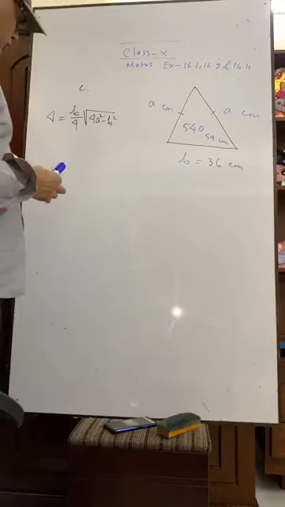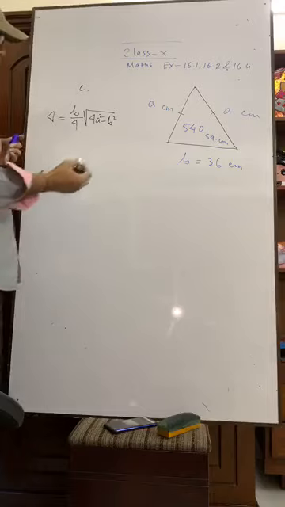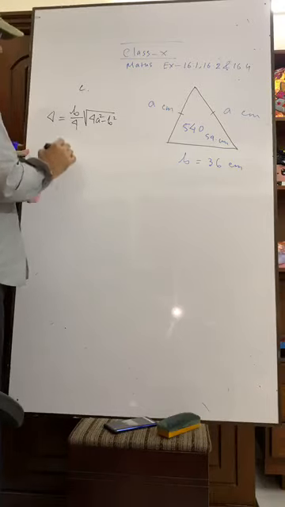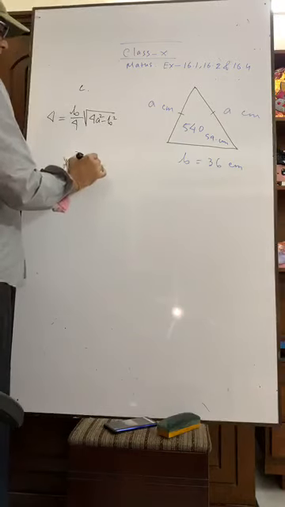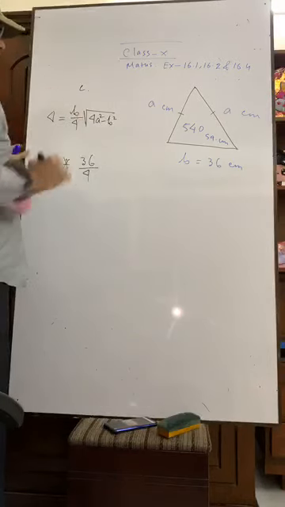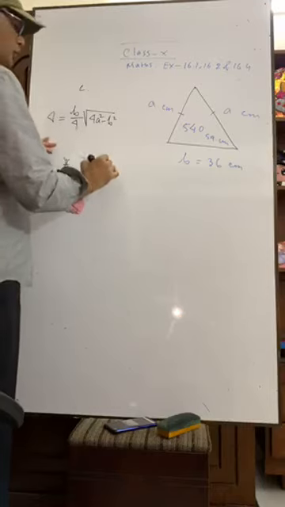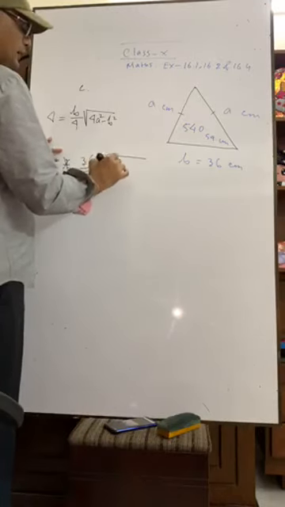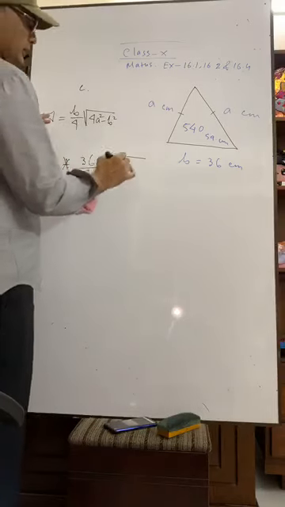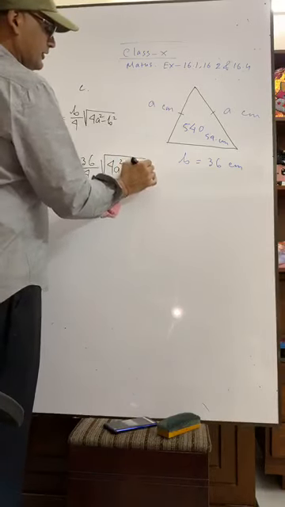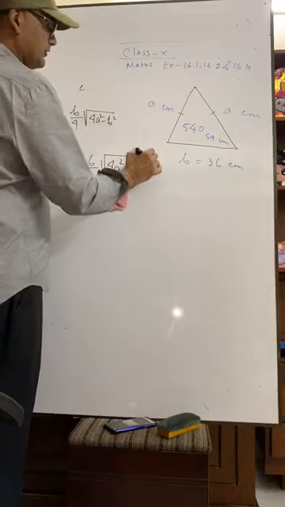So according to the question, we can write, what is the value of b? B is 36. Write down 36 by 4, root over, we don't know a, root over 4a square minus b square. B is 36, whole square.